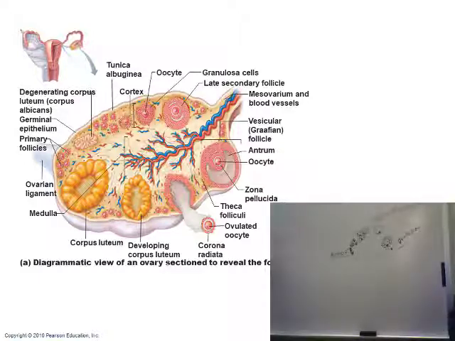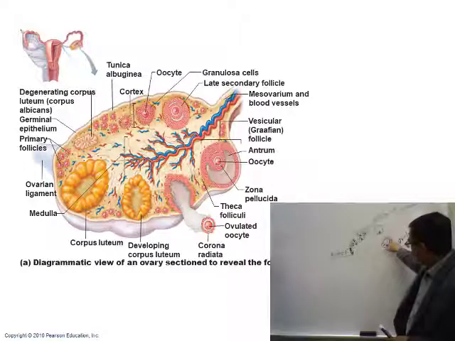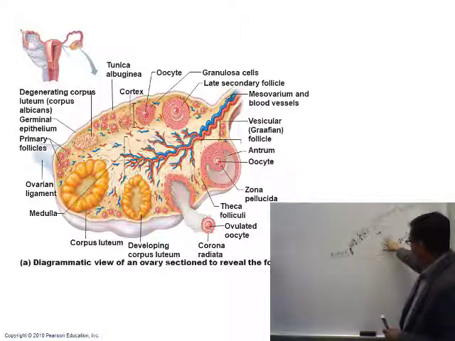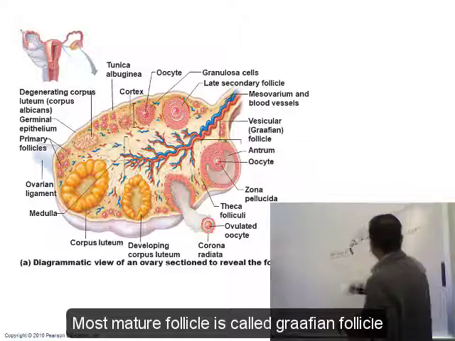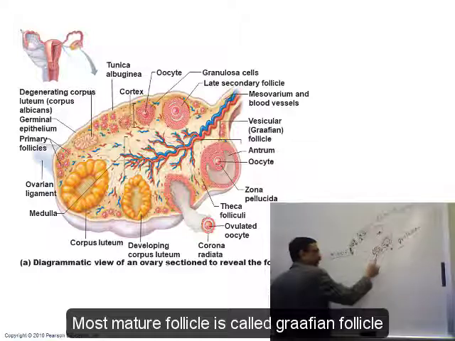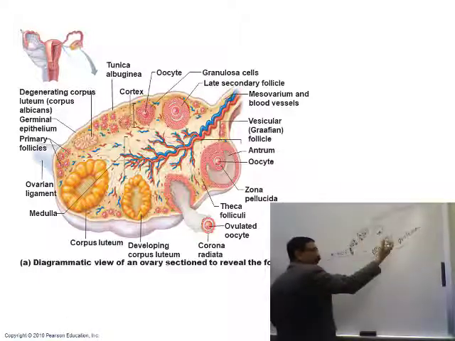And then what happens after the ovulation? The rest part of this most mature follicle, which is called the Graafian follicle, you will see soon. Just know that the rest part of the Graafian follicle remains inside the ovary, and becomes a yellow structure. A lot of fat accumulates inside it. That's why it looks yellow.